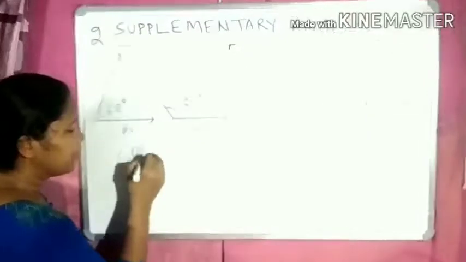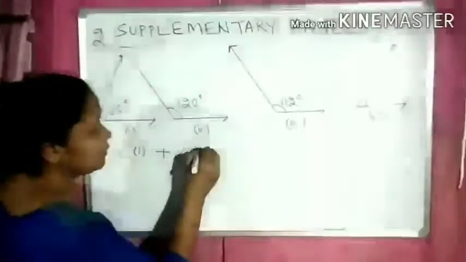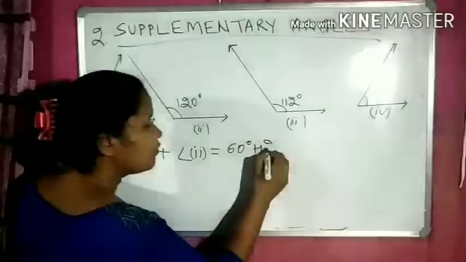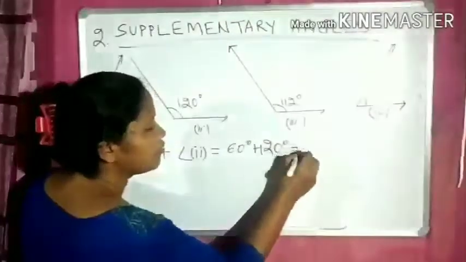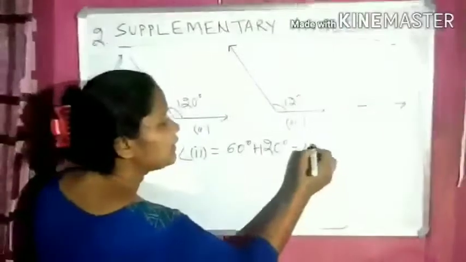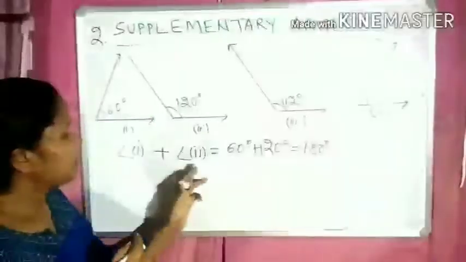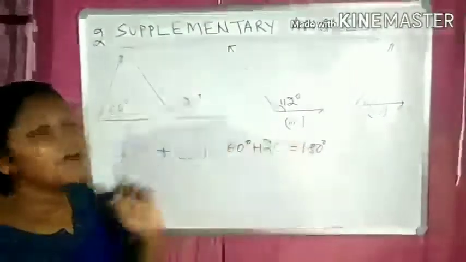So the first one is 60 degrees, 120 degrees. So angle 1 plus angle 2 equals 60 degrees plus 120 degrees. How much? 180 degrees. So the sum of angle 1 and angle 2 is how much? 180 degrees.